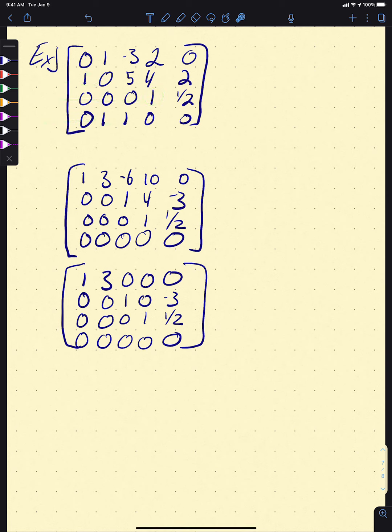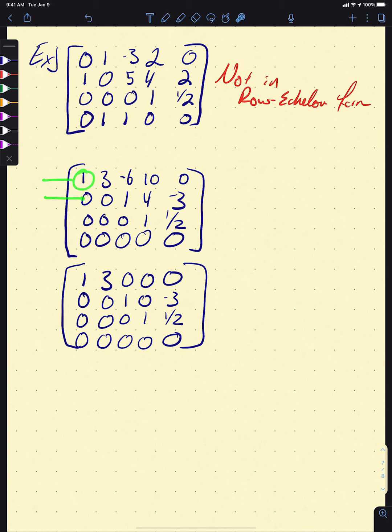So this hits point 1, but it kind of falls apart when we look at point 2, right? Because it says that the leading entry in each row is to the right of the leading entry in the row above it. Well, this one is to the left of this one, so we failed on point 2, right? This is not in row echelon form, unfortunately, okay?